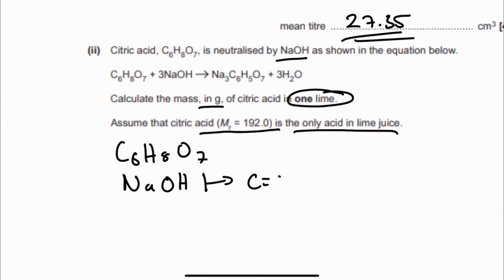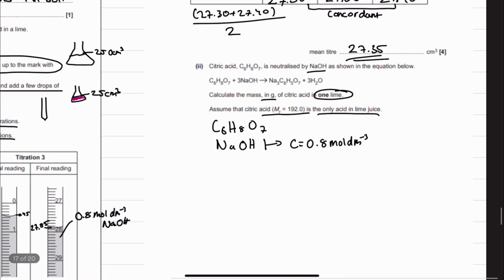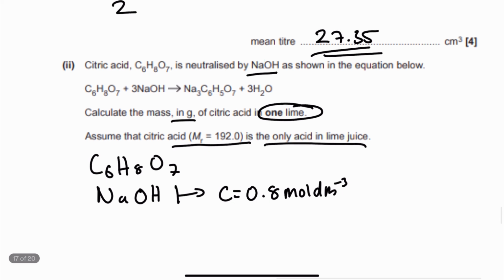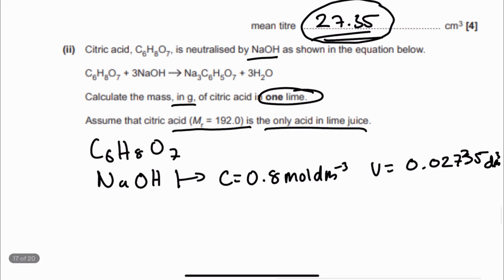So the concentration is 0.8 moles per decimeter cubed, and I have that within my titer. Therefore, I know that my volume is this volume that I just calculated as 27.35. So I can quickly convert that in my head to decimeters cubed, so that's 0.02735 decimeters cubed.